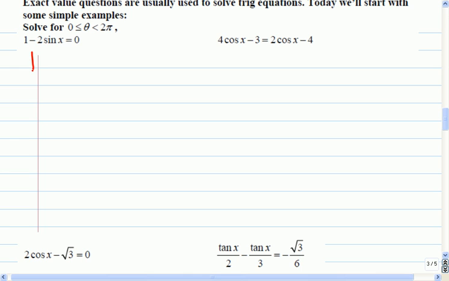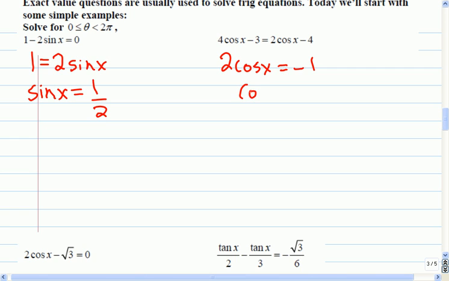If I rearrange this, then it goes back to what we just worked on. So that's the only thing you may have to do differently, is you may have to start with it. For example, this one is going to become 2 cos x equals -1, then cos x equals -1/2. You may need to rearrange it in order to figure out where to start.